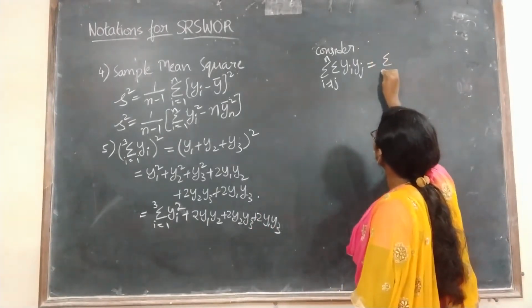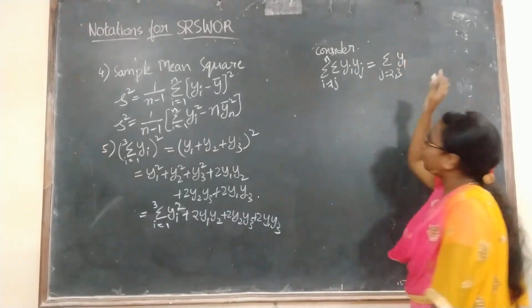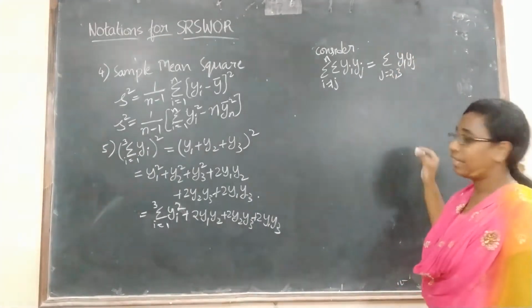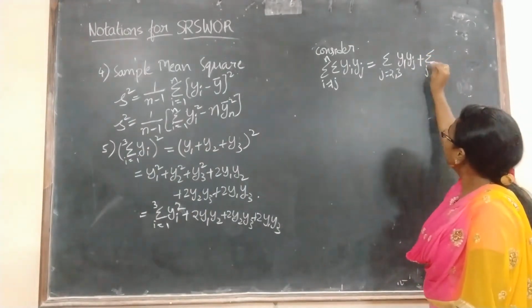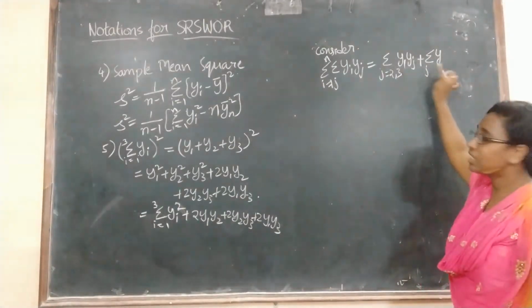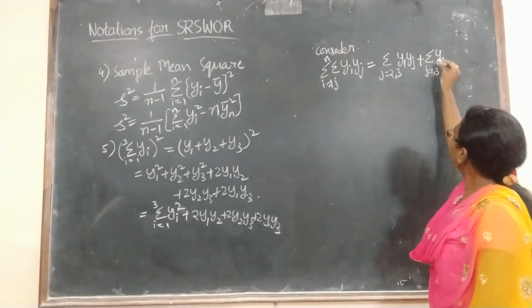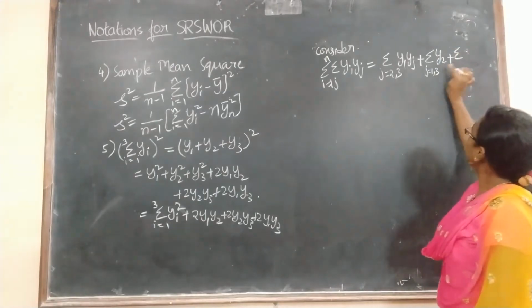First, summation j equals 2, 3. First y1 as it is and yj values will be 2 and 3. Next plus summation. Here y1 is finished. Next you will write y2 and the j values will be 1, 3.